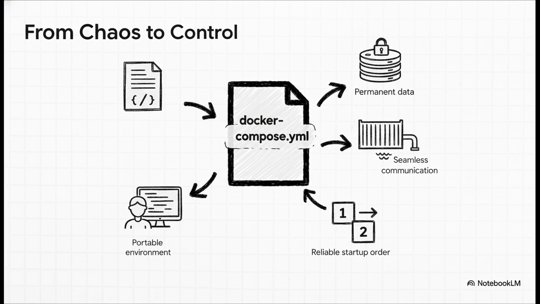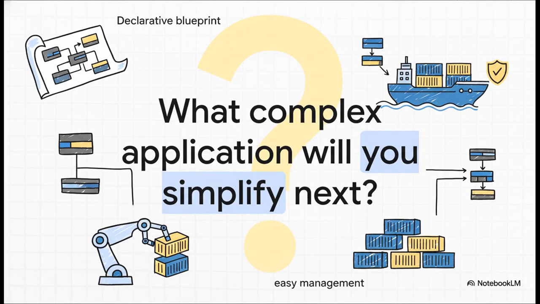Any developer on your team can just grab the code, run that one command, and have the exact same setup running in minutes. So you see, by taking our application's architecture and just describing it in this simple blueprint, we've made it reliable, portable, and just so much easier to manage. So really, the only question left for you is, what complicated, messy application are you going to simplify next?